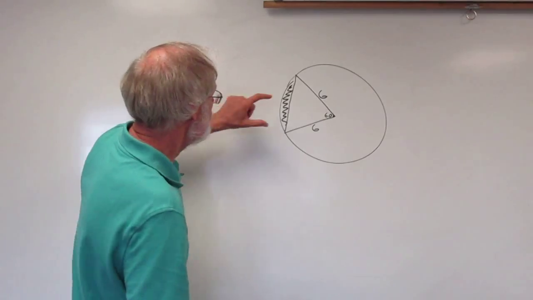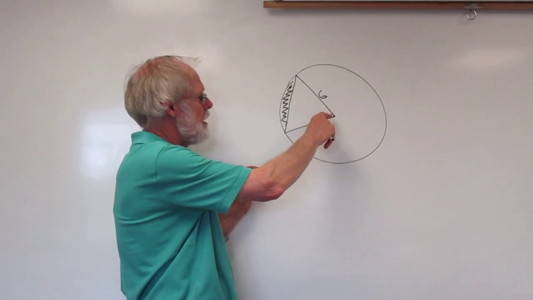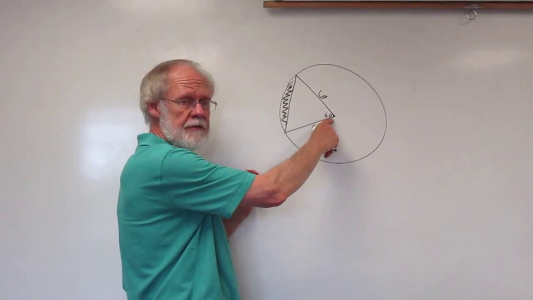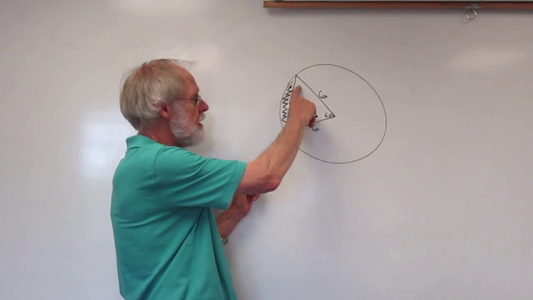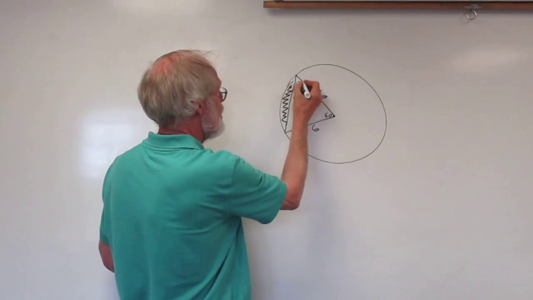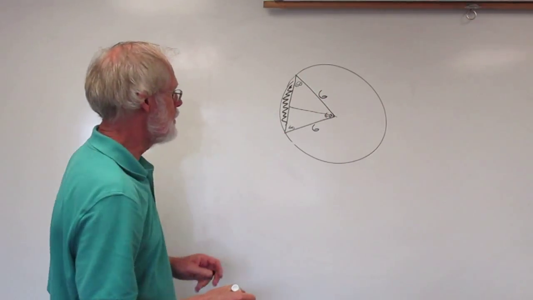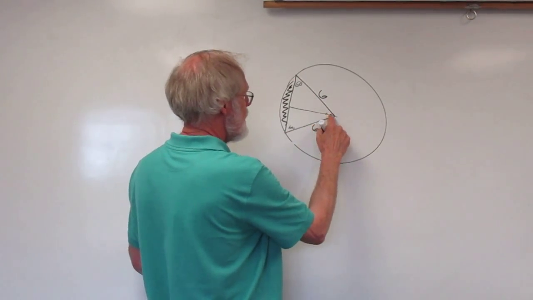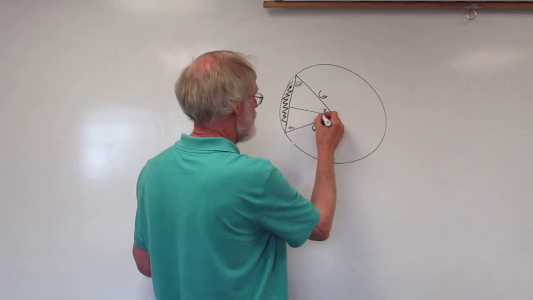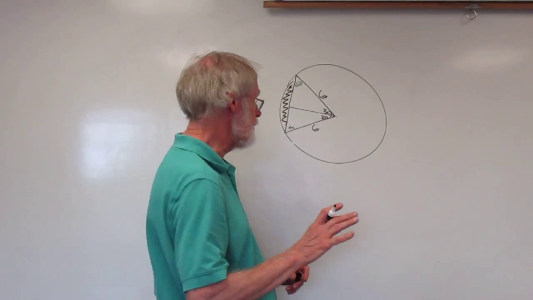If these two are equal, out of 180, I take 60 away, I have 120, I divide that by 2 because of the base angles theorem, and it turns out that I have an equilateral triangle. Then I'm going to have a 60 here and a 60 here. Here's where we're going with this.